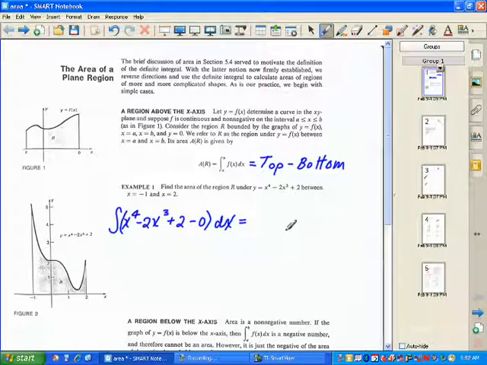Okay, so let's go ahead and integrate this. Fairly easy. 1/5 x to the 5th minus 2, I'll make this x to the 4th times a 4th, plus 2x. And let me get my limits of integration on here. They should be -1 and 2.